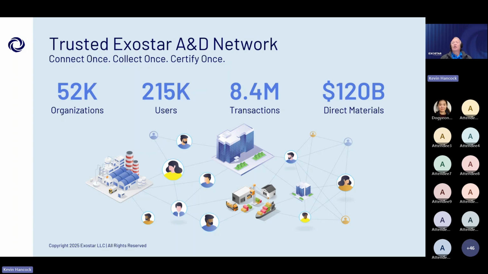Today, that network is about 52,000 organizations and over 200,000 users who are already credentialed into this Exostar community and using applications via Exostar's front end. That's our identity and access management platform that many of you know as our Managed Access Gateway.